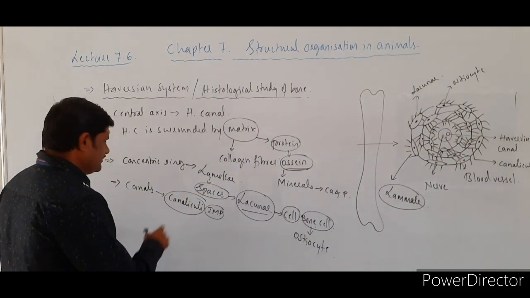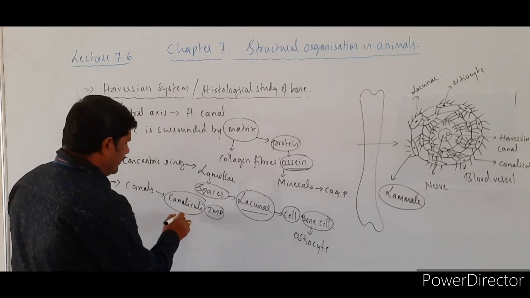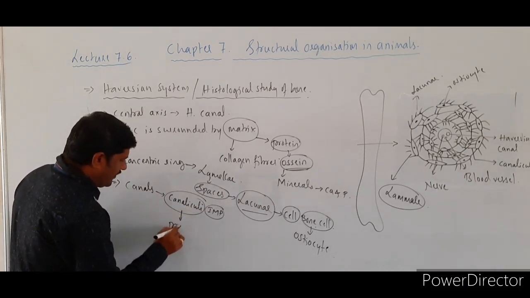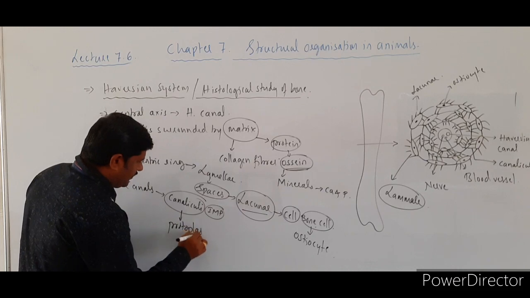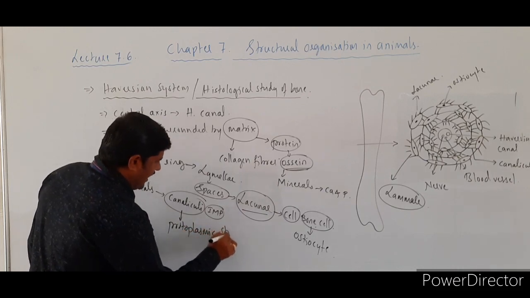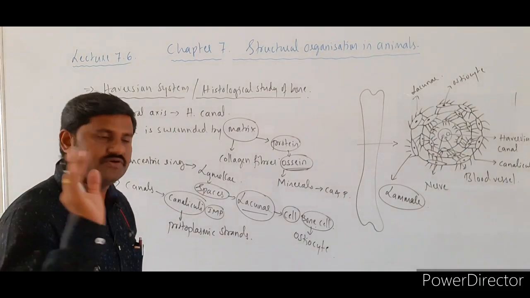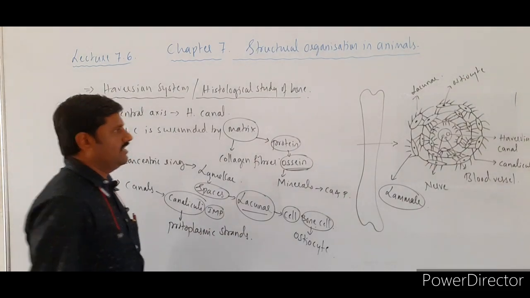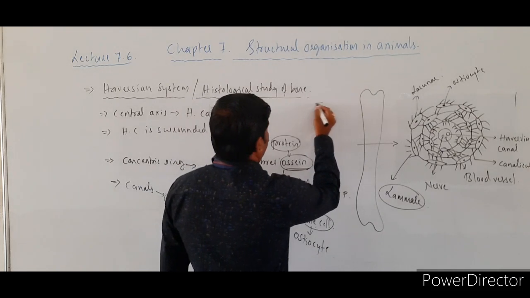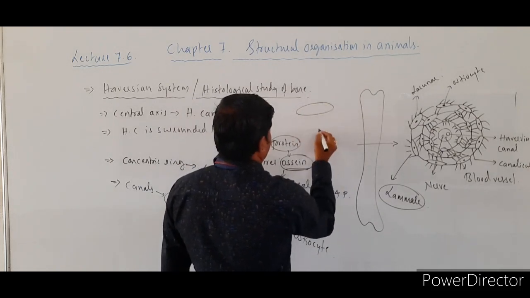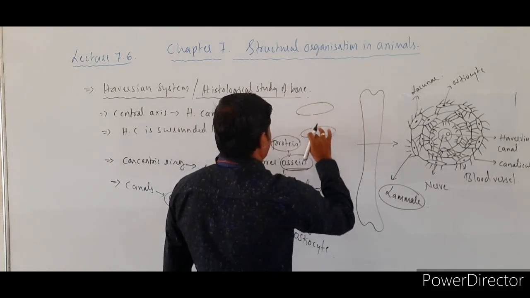Okay. So this canaliculi, through which the protoplasmic strands between the two osteocytes take place. See here, so this is one canaliculus, alright.